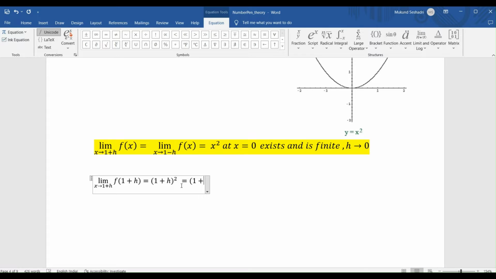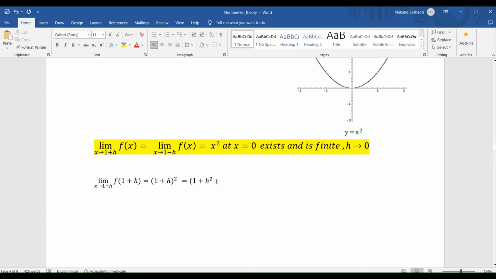That equals 1 plus h square plus 2h. So as h tends to 0, I have 1 plus h square becomes 1 plus 0, plus 2h becomes 0, which equals 1. So this is my left hand limit.